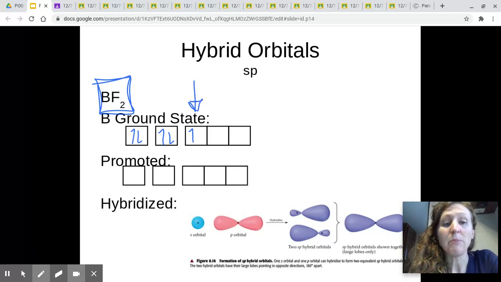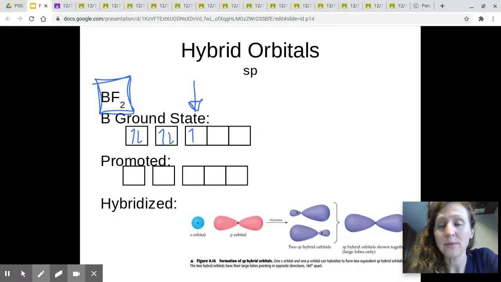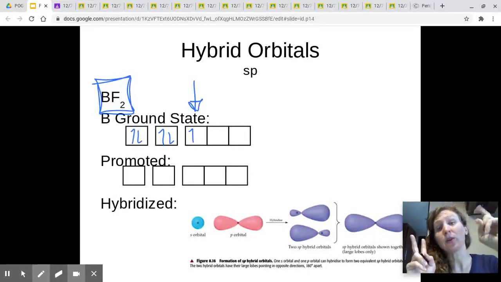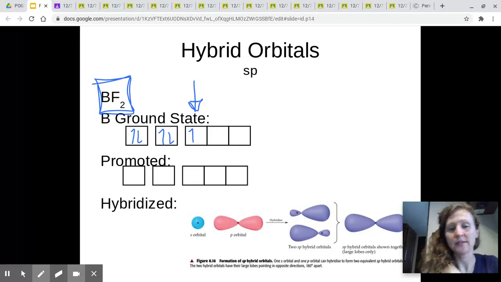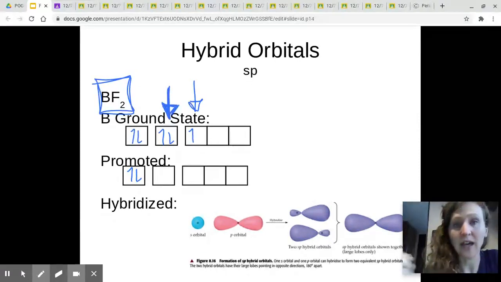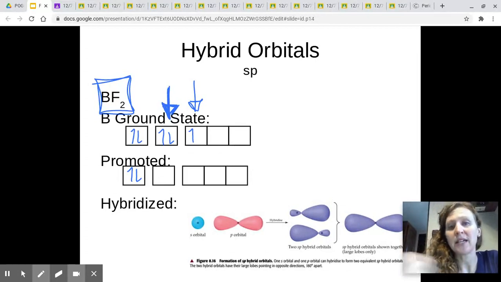So boron, as it stands atomically, is only really prepared to make one bond. And so we're going to promote electrons. Notice that the core electrons are going to stay the same, but one of these electrons in the valence energy level is going to get promoted up.